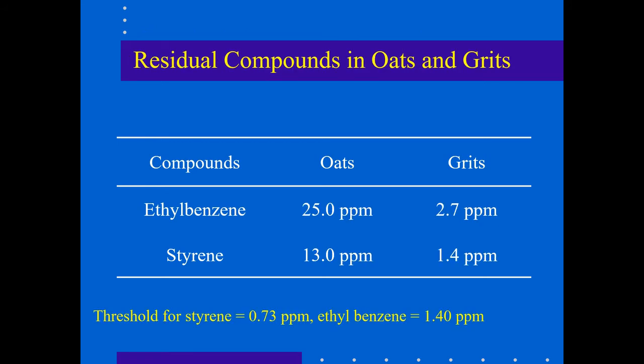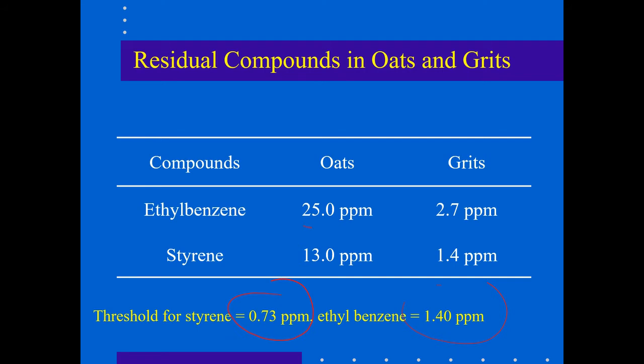If we go back to the previous slides, the threshold for styrene is only 0.73 ppm and for ethylbenzene 1.4 ppm respectively. But what is found in the food component is rather high.